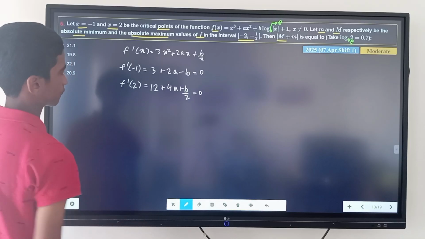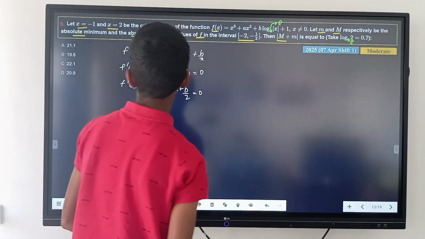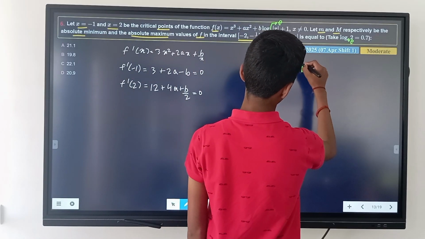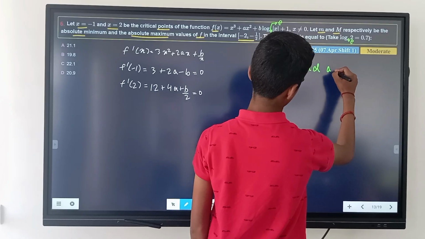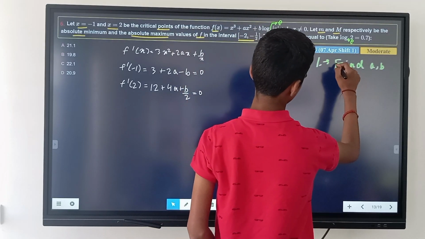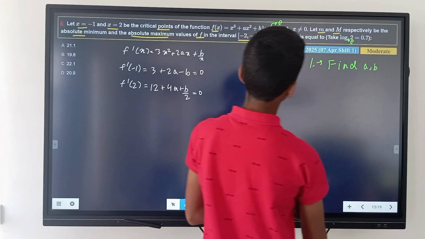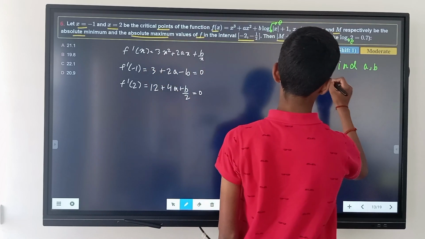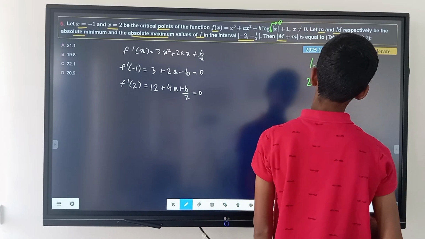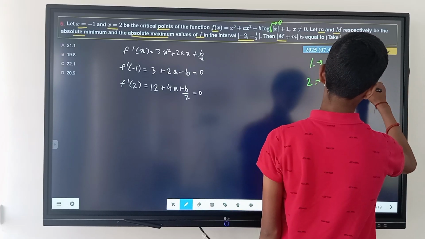And also from now it's clear. Let me again write the steps to solve this question. First step will be find A and B. Second step will be plot wavy curve.